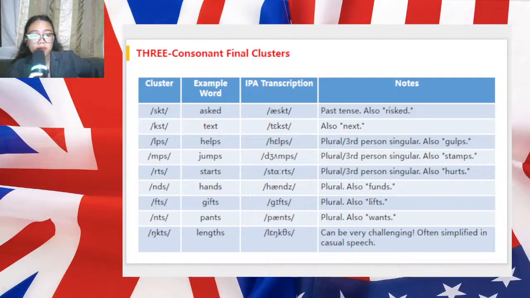All three sounds must be pronounced clearly. This pattern also applies to words like gulps. Let's say helps, focusing on the clear LPS ending.